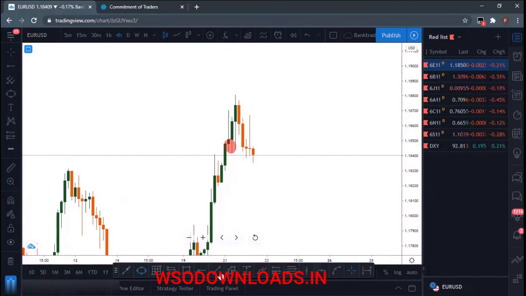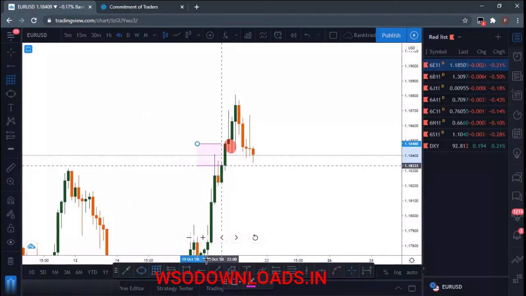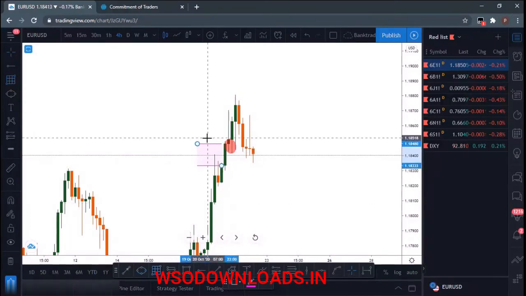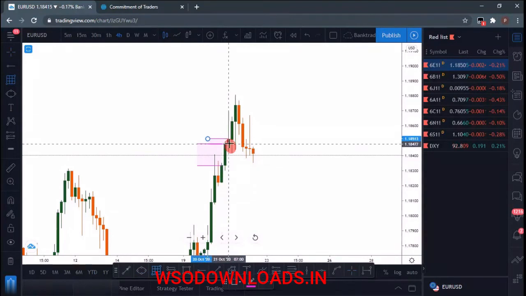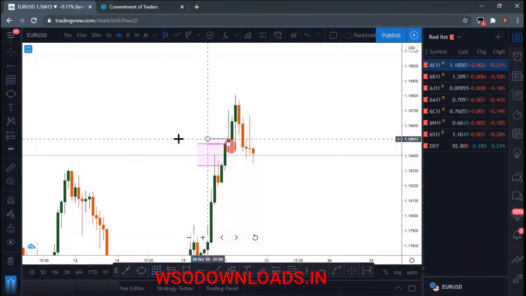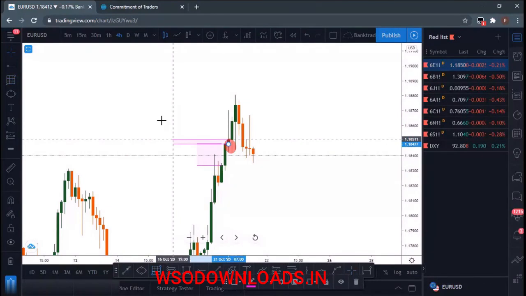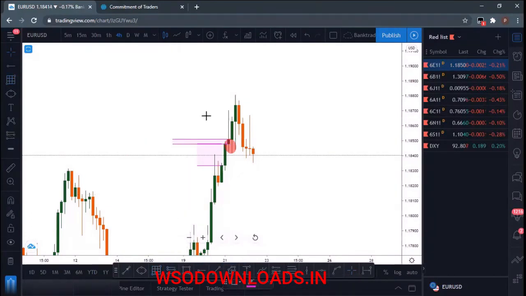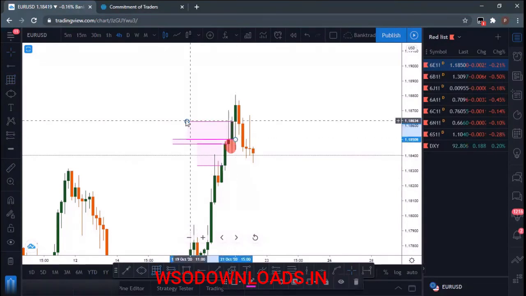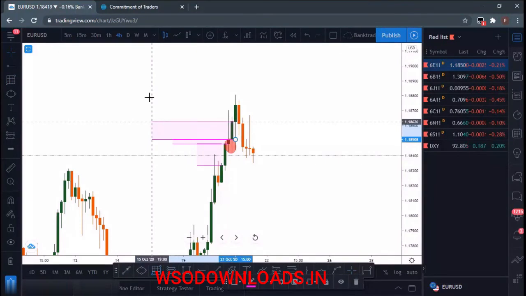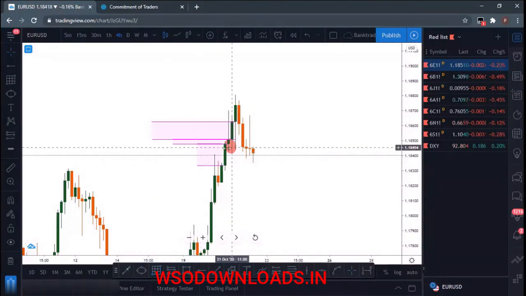So you have this nice big body candle, followed by this small body candle, and then another big body candle. So this gives us this area as a hidden area of demand.